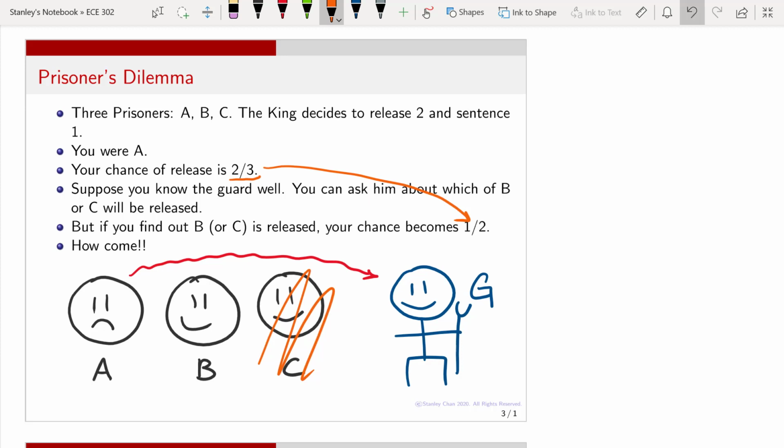So how come this will happen? We want to ask this question: why is it that going to the guard will change the probability of being released, actually reducing the probability from 2/3 to a half?